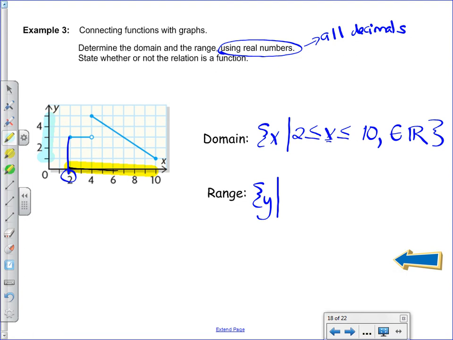So what's my lowest y value? 1. What's my highest y value? 5. So instead of writing x here, I'll write y, and it includes all real numbers.